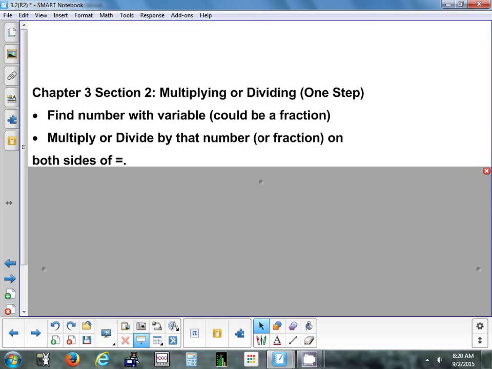We're going to multiply or divide by that number, the number that's with the variable, or it could be a fraction, and we'll do it on both sides of the equal sign. So rather than adding or subtracting like we did yesterday, we're going to multiply or divide on both sides of the equal sign.